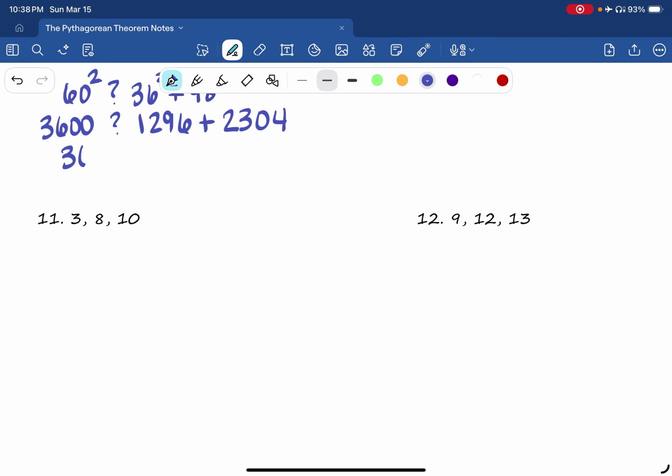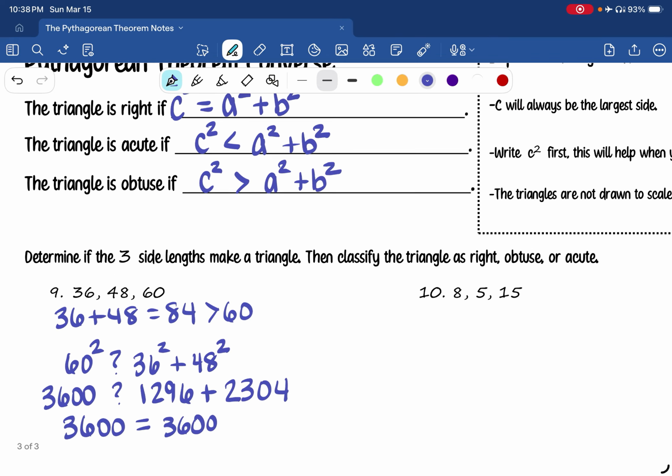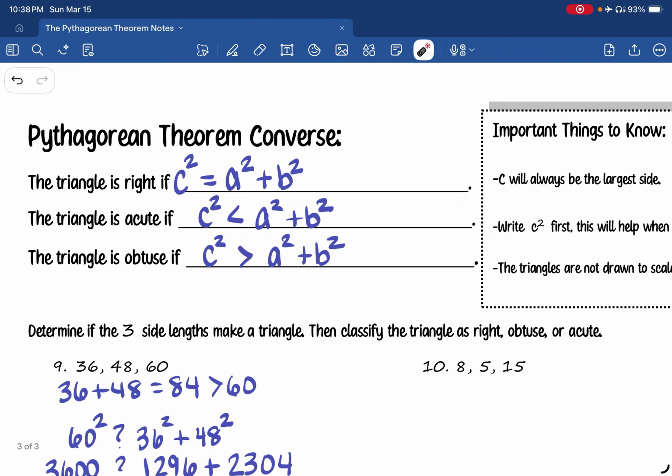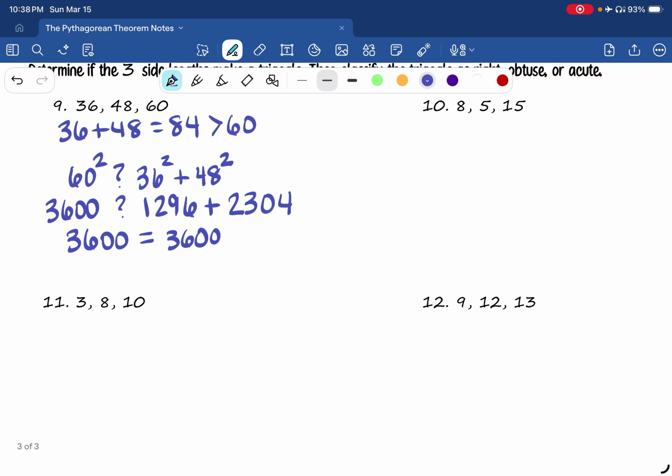So they are the same. So 3,600 equals 3,600. So that tells me since they are the same, they're equal, this is a right triangle. So we would safely say that this is a right triangle. So we classify it as right.